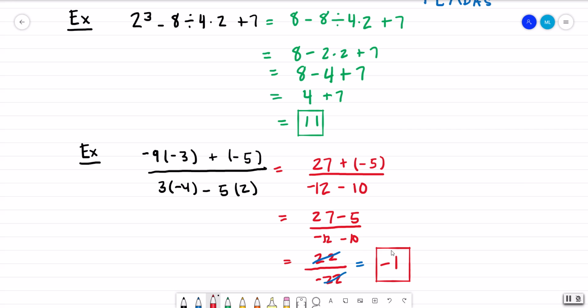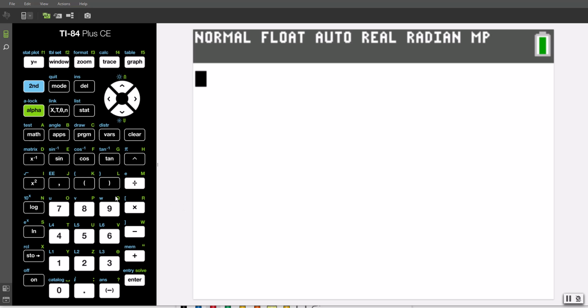Now, one thing I can encourage is that you could practice using a calculator, but note that the calculator still requires the order of operations. So for that example, you would have to contain the top part within its own set of parentheses.